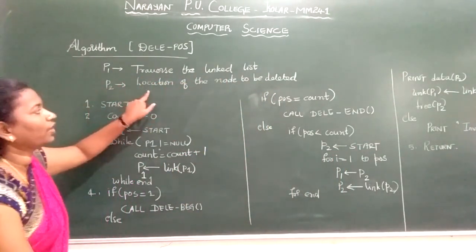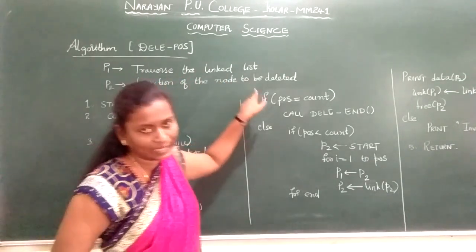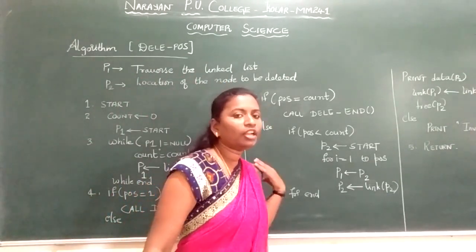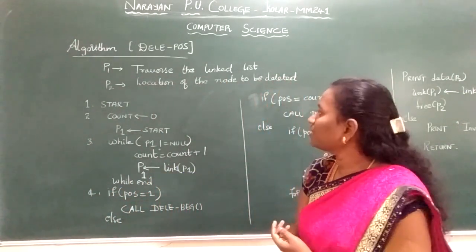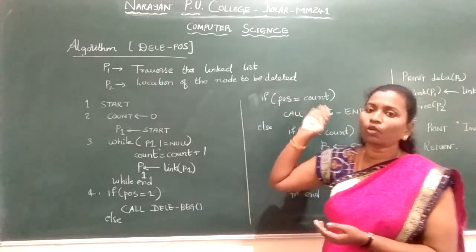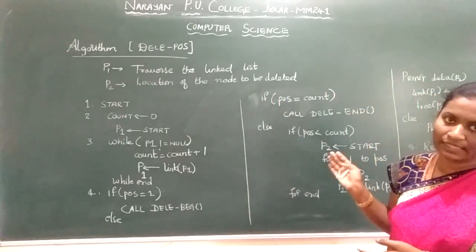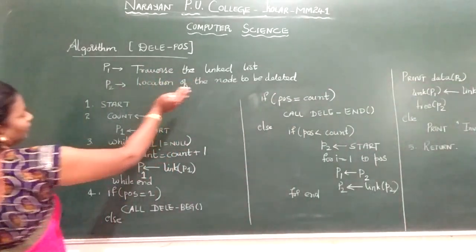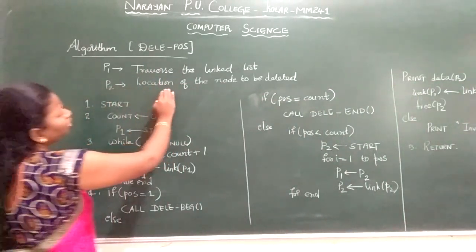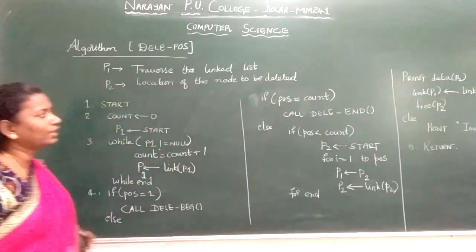P2 is to find the location of the node to be deleted. I repeat, P1 and P2 are the pointers. One pointer is to traverse the linked list and the other pointer holds the location of the node to be deleted.